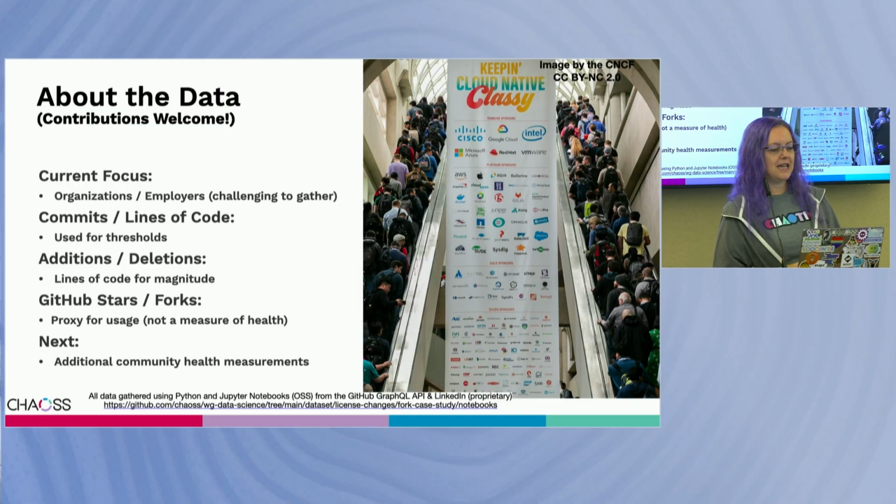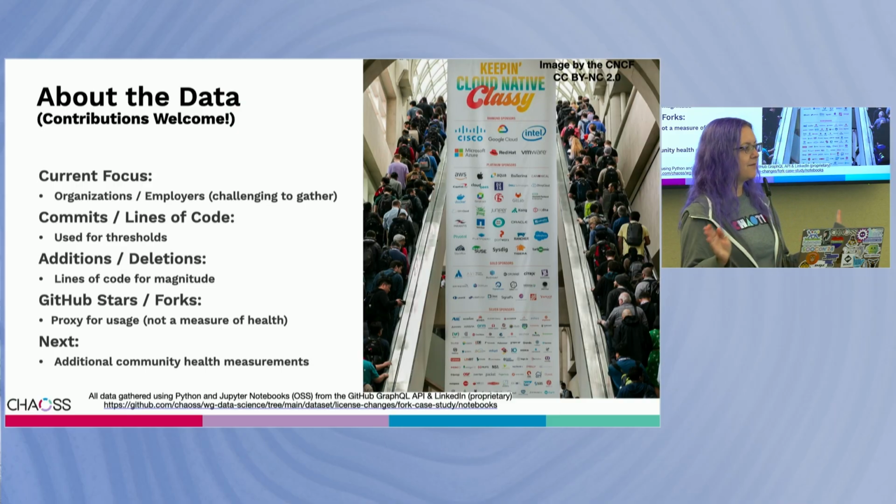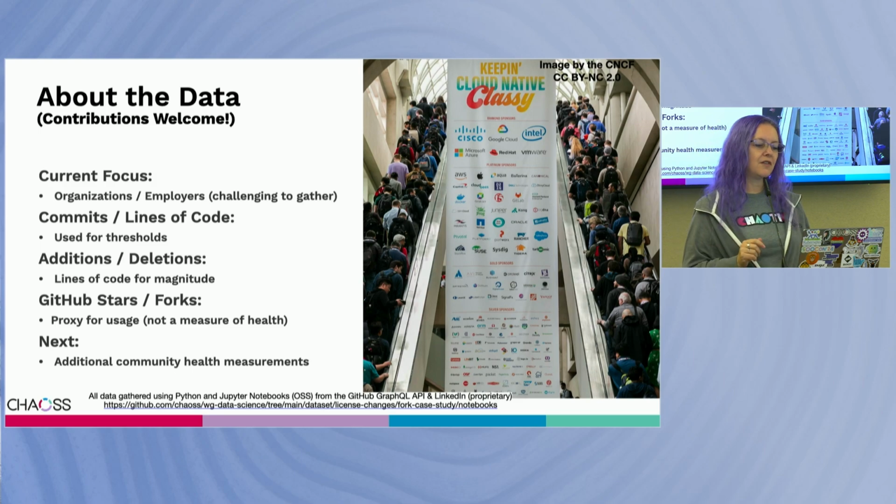I will also say that there's no perfect data to understand the impact that employees of particular organizations have in open source projects. So the goal of this research is not to have perfect data, but to get a feel for how employees of different organizations participate in these projects. And while it can be, let's face it, pretty difficult to gather data about where people work, I think I've come up with a reasonable solution by only gathering data about the most, what I'm calling, significant contributors.